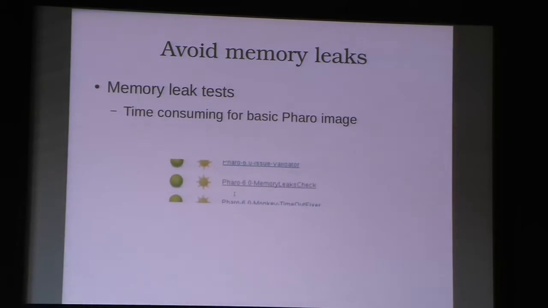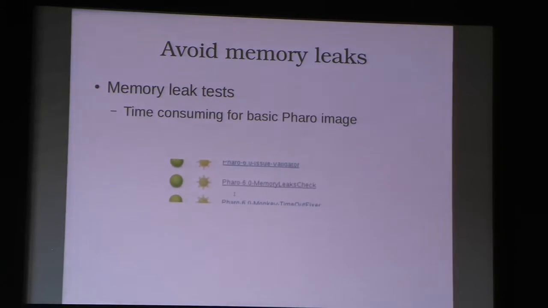And it's not a good idea, especially for Pharo, to use it as a standard test. Because, for example, if you open a Nautilus, it takes 30 seconds for this instance of Nautilus to be garbage collected.